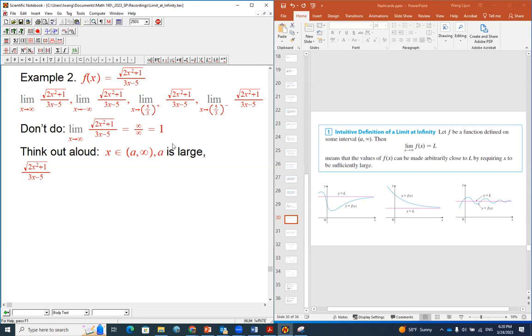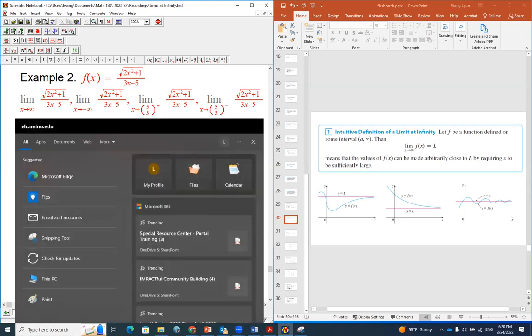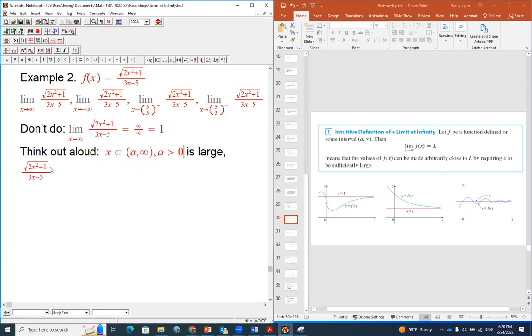A is larger than 0, and it's very large, as large as you wish. Just pick a number. It will work. So with this assumption, you're going to do some transformation.